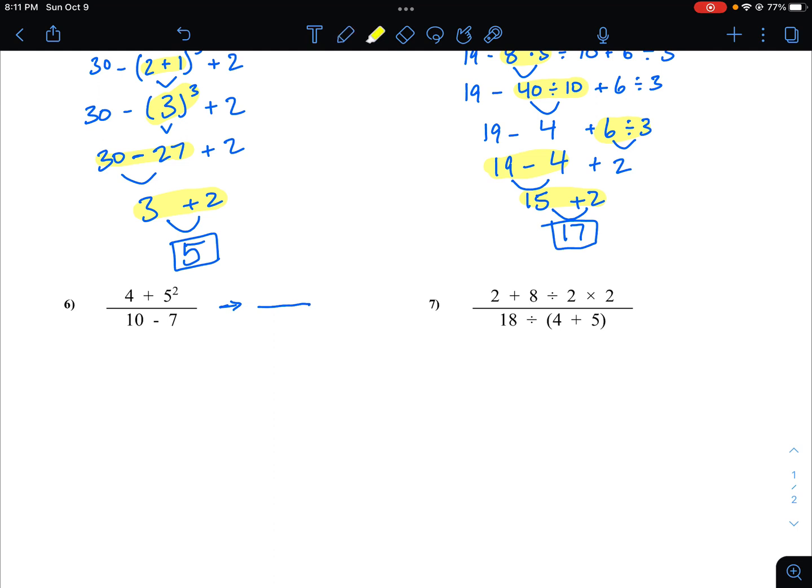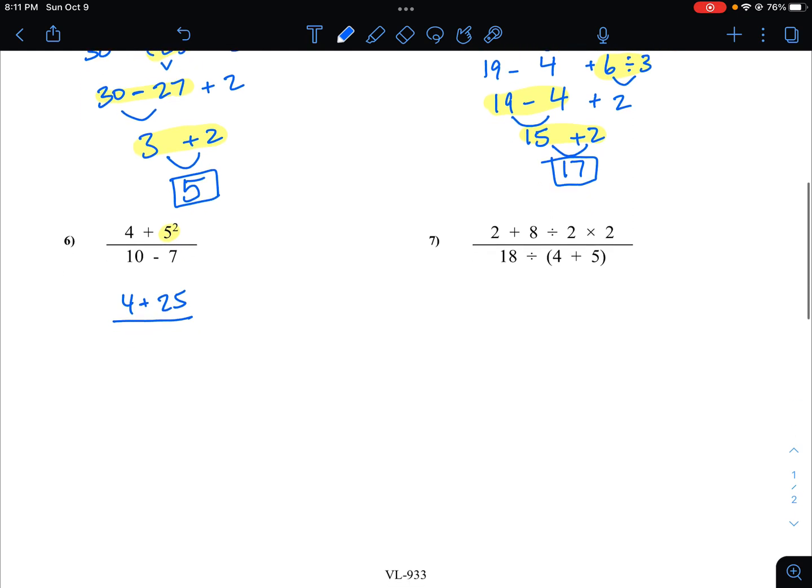On the top, I'm going to deal with 5 squared. Actually, let's do this. Deal with 5 squared first, which is 25. Bring down the plus and the 4. Let's see, 25 plus 4, well, that just equals 29, right? So actually it might be easier if you work these sideways.